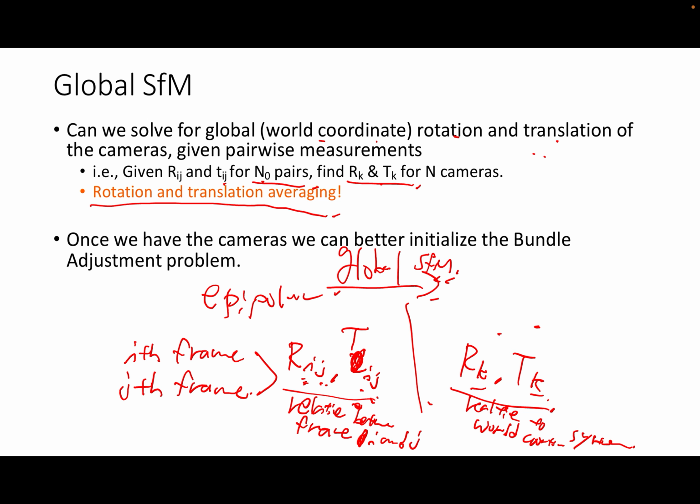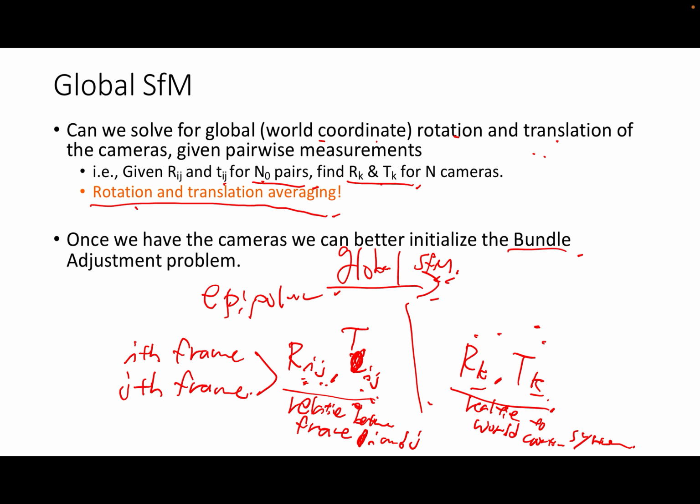Once we have the cameras in the world coordinate system, we can use these as an initialization and perform bundle adjustment to refine the 3D geometry and camera parameters better.